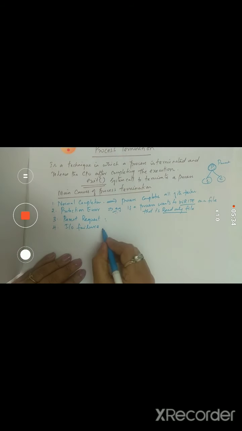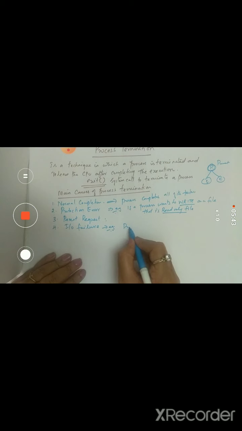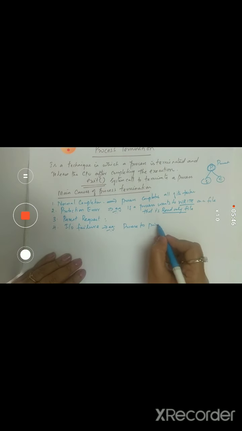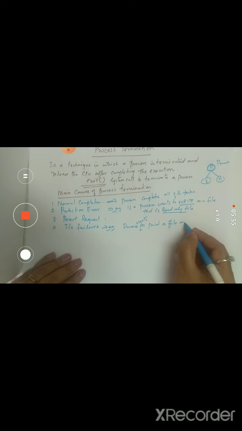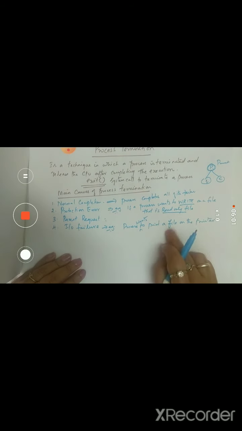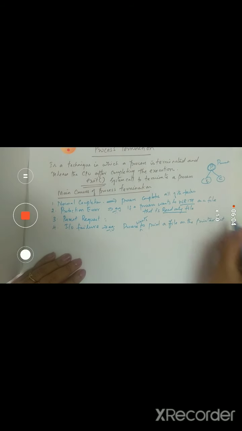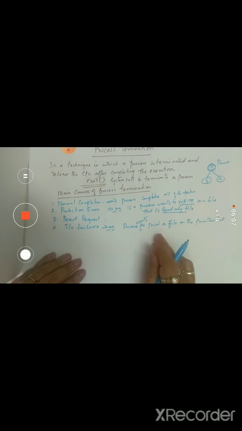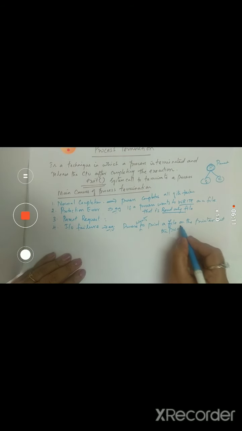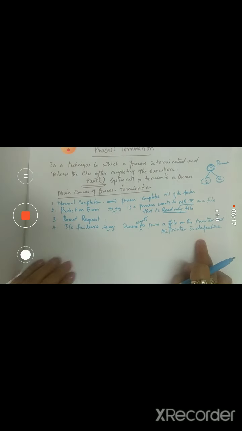For example, a process wants to print a file on a printer, but the printer is defective. Then automatically the process will get terminated.